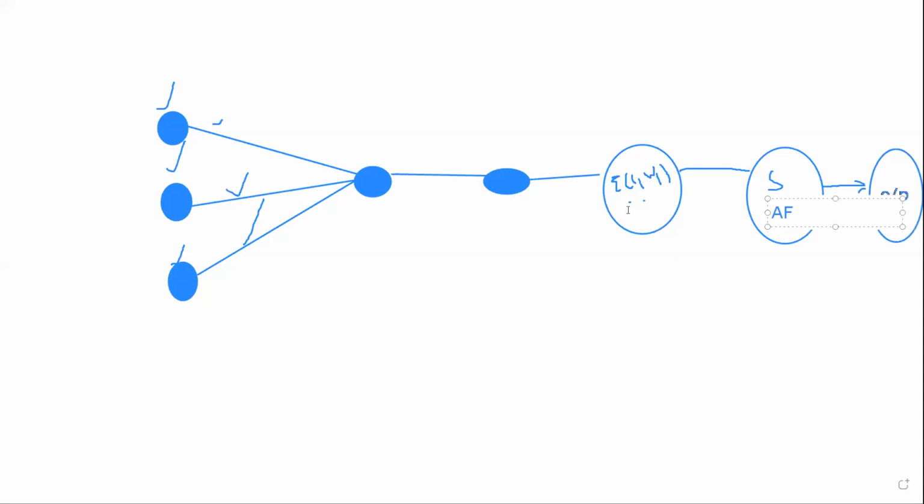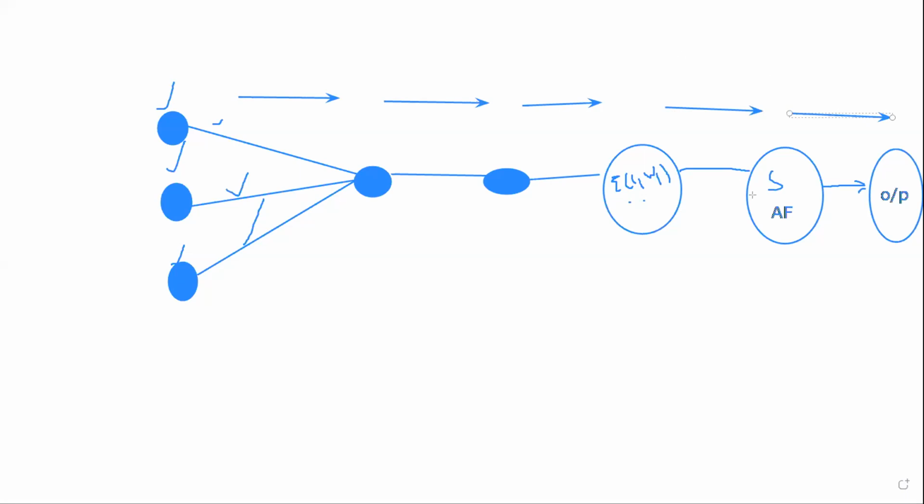Here we have the summation and these hidden layers. Now suppose this is the feed forward network. Feed forward means this direction, then from here it goes to a summation, from summation to the activation function, and from the activation function to the output layer.